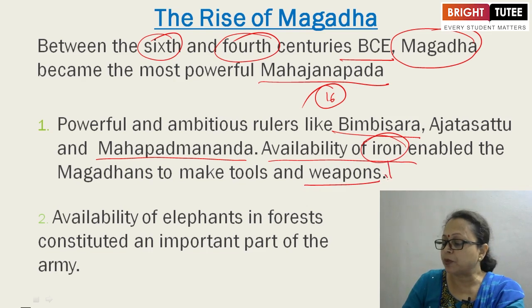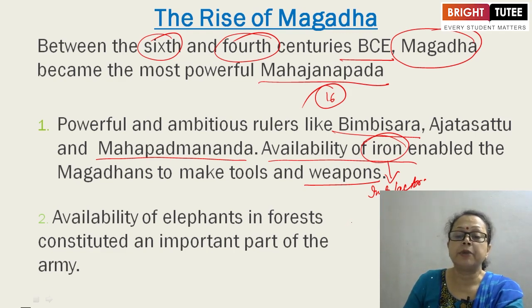This is the most important factor for the growth of Magad. Iron enabled the Magadhans to make tools and weapons, both ways: tools for agriculture and technology, as well as weapons, which were very durable. Long-lasting tools and weapons now started being made of iron.